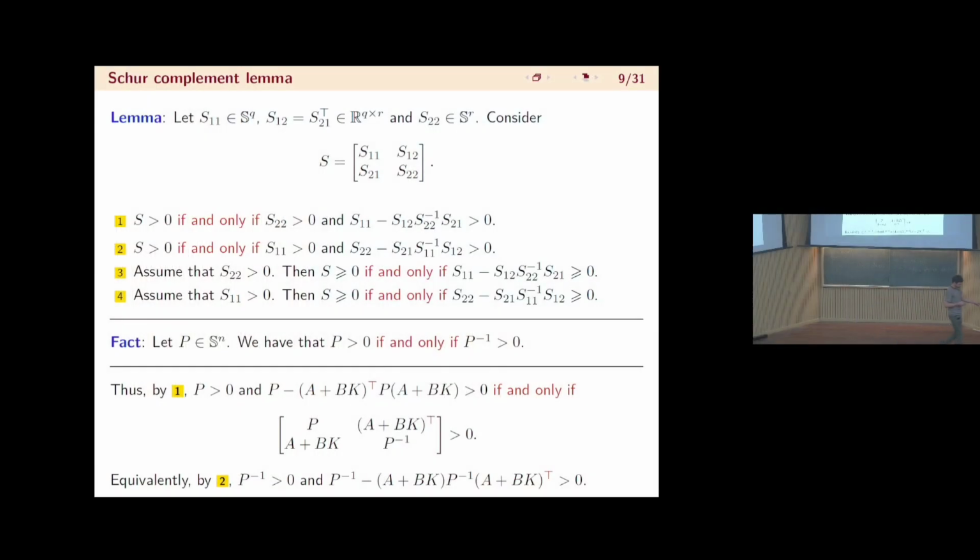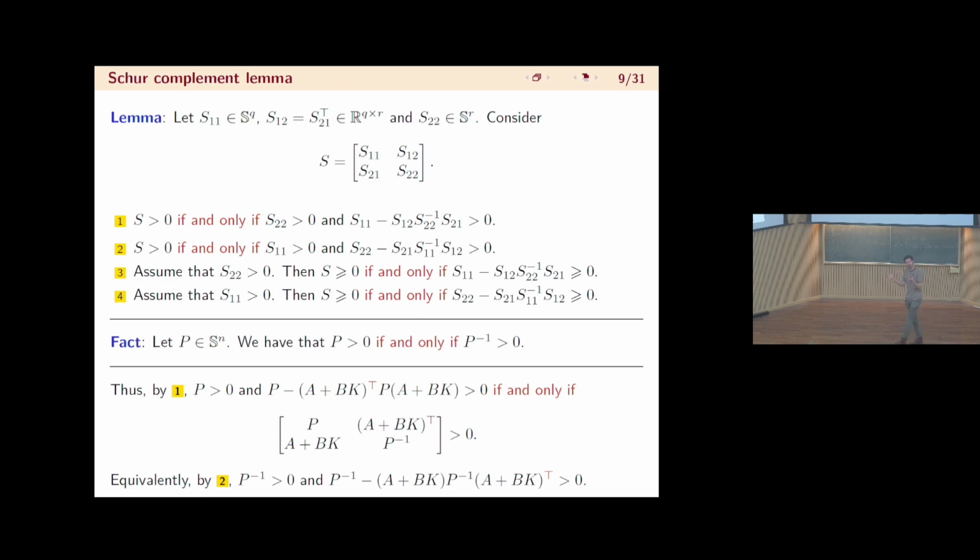Well, that tells you something interesting. Because in the Lyapunov inequality that we started with, I had this transpose here on the left, on A plus BK. But actually, by our calculations over here, it turns out that I could also have put that transpose on the right.